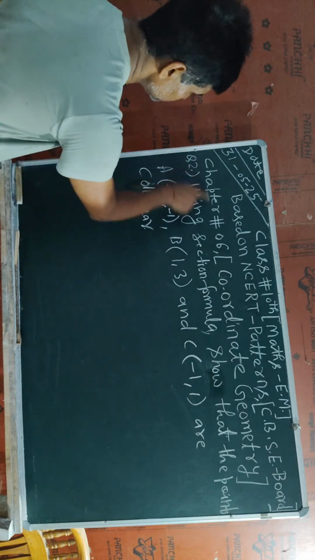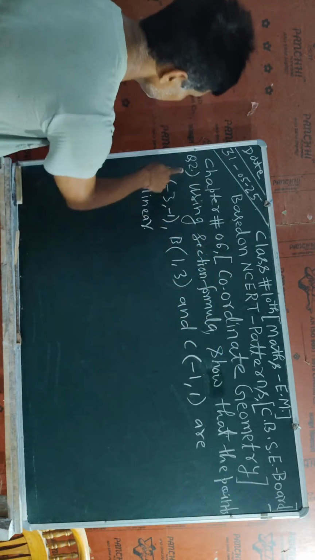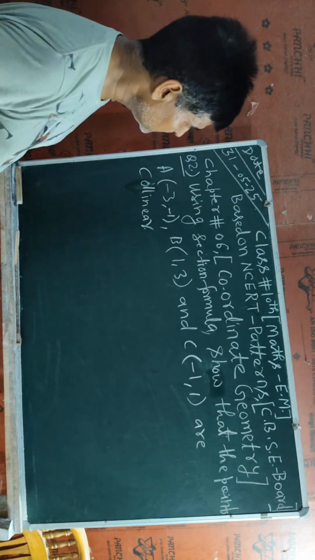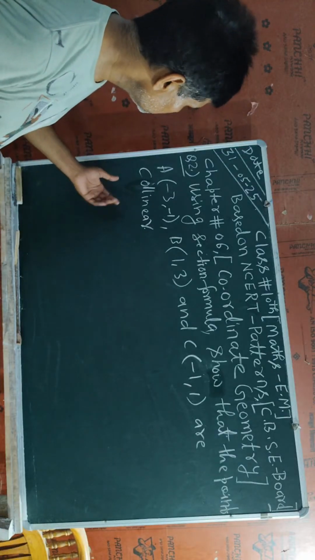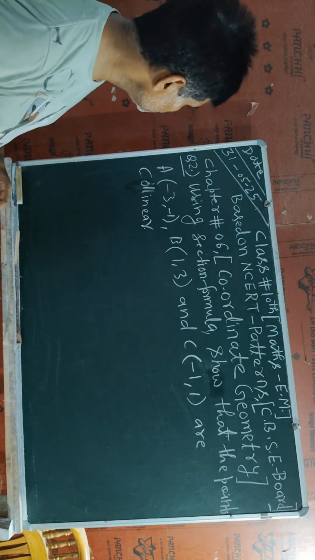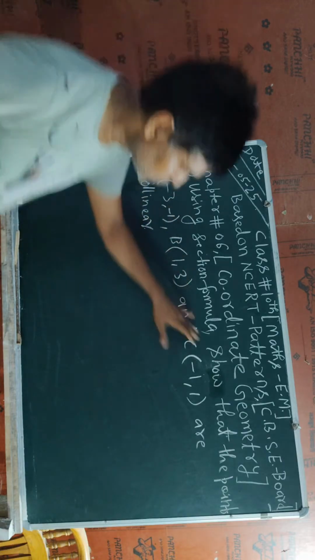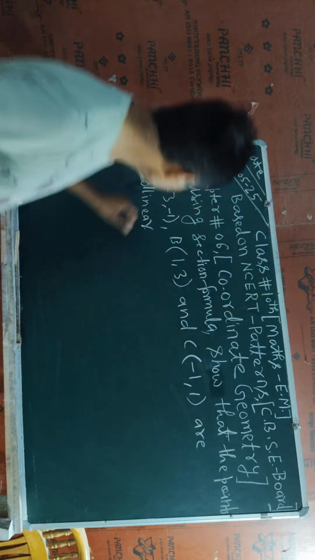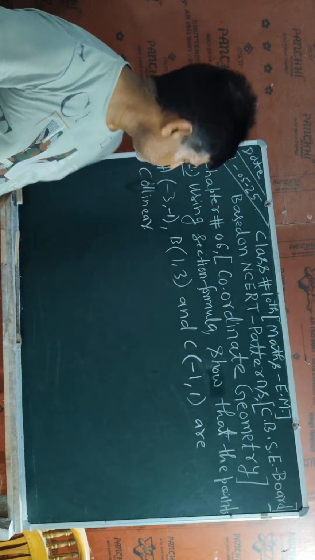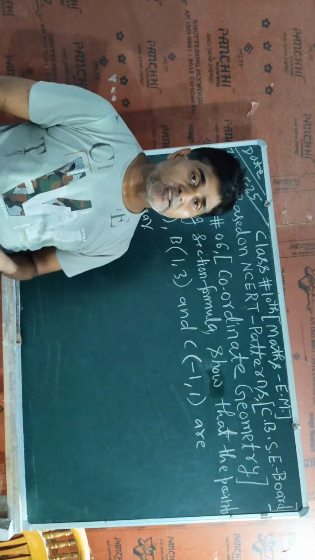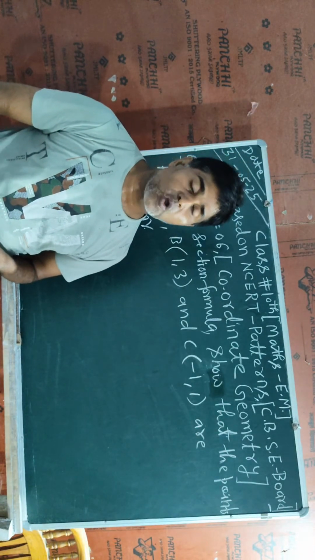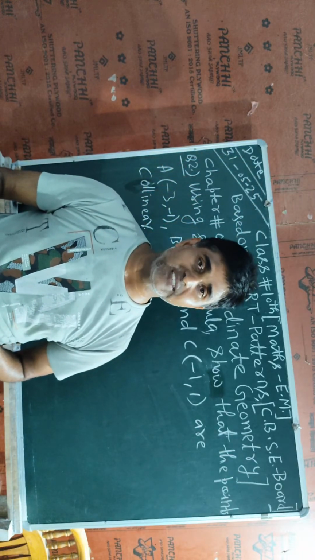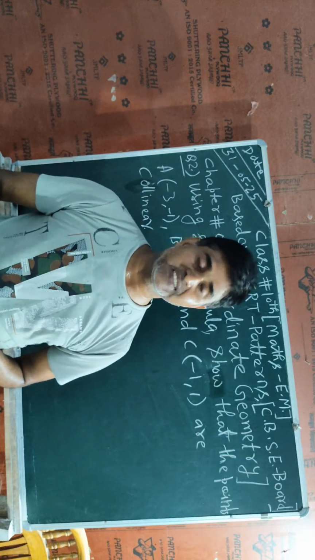In chapter number 6, coordinate geometry, I have taken this question number 2, and in this question we have to use section formula to prove that the points A, B and C are collinear. What is the meaning of collinear? The meaning of collinear is that all these 3 points lie on the same straight line.